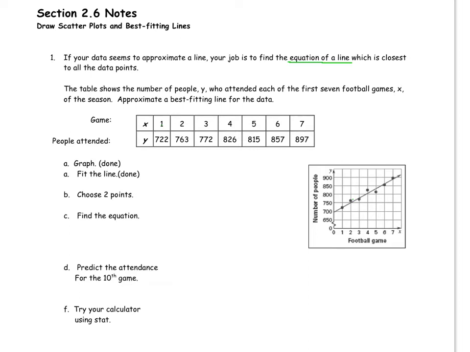If you have a graphing calculator, we are going to do this in class tomorrow, because it's a little harder to explain here and much easier when you can see a calculator as well. So I'm going to show you what happens if you don't have a graphing calculator. This shouldn't be that big of a deal because we did this in section 2.4, but let me show you how it works. We're going to try and pick 2 points that are on the line.